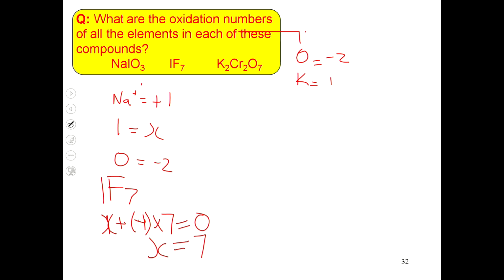So then oxygen, 2 times minus 2, and one each, right? Times 1. Then 2, there's a 1.